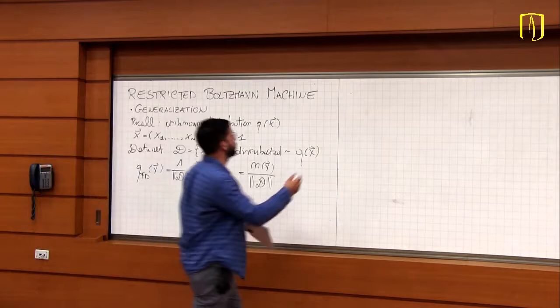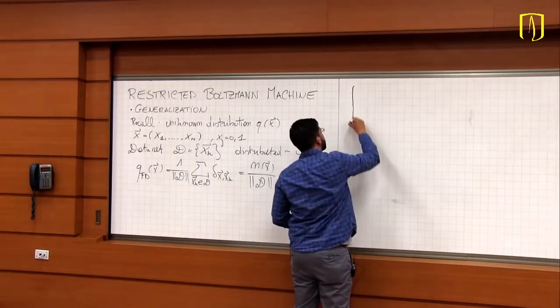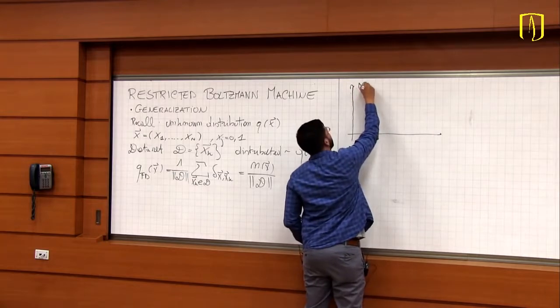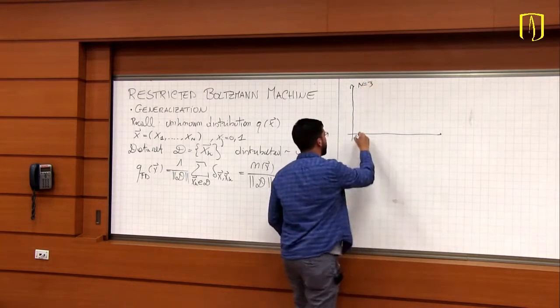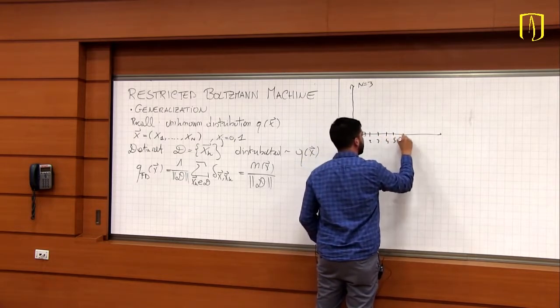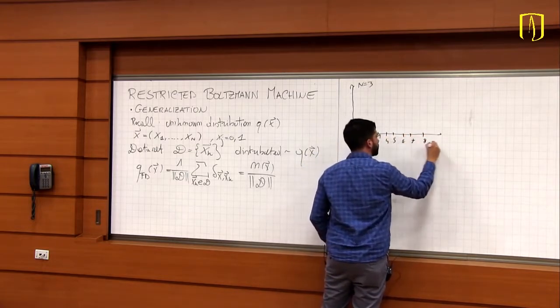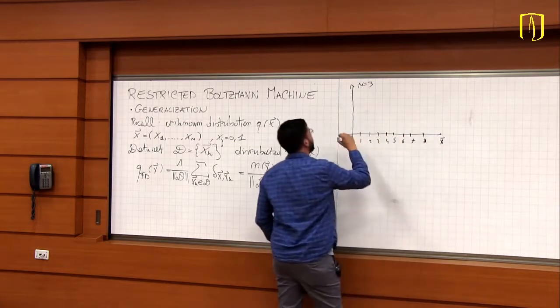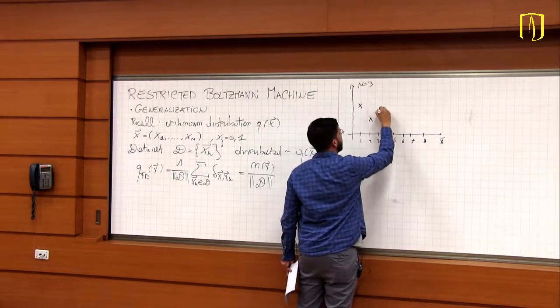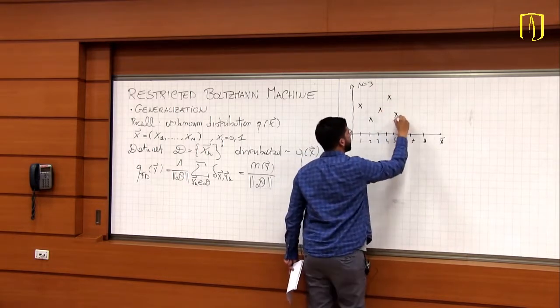Let's do an example. Say that you have 3 variables, so you're going to have 8 possible states. Your unknown distribution is going to have some shape, with X on the axis.